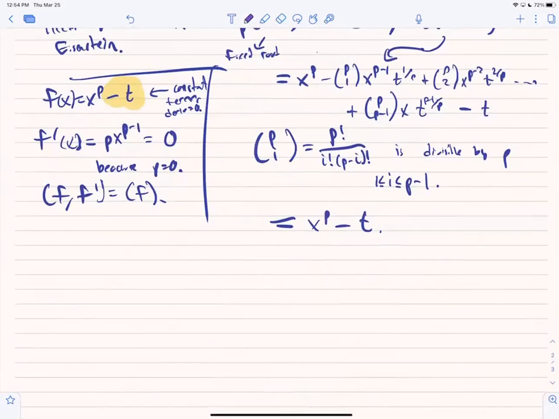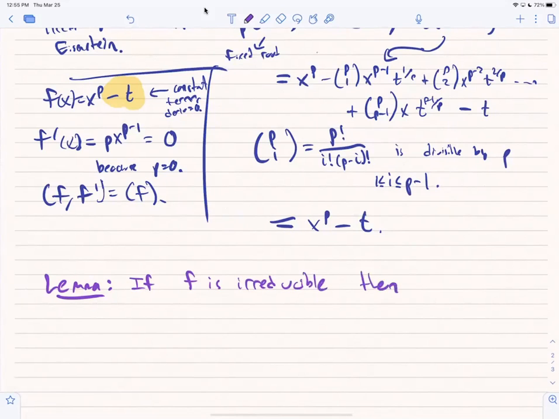If it's a corollary of the observation slash lemma, let me just call it a lemma, and I'll call the next thing a theorem. So, if f is irreducible, then f is separable if and only if f prime is not equal to 0.